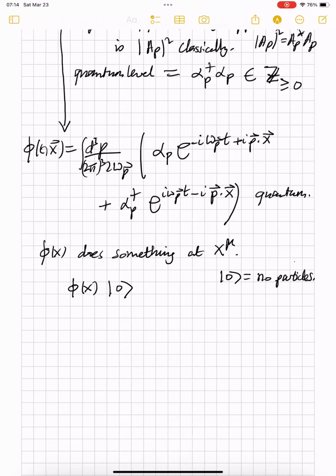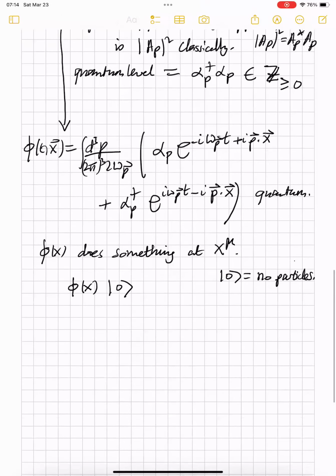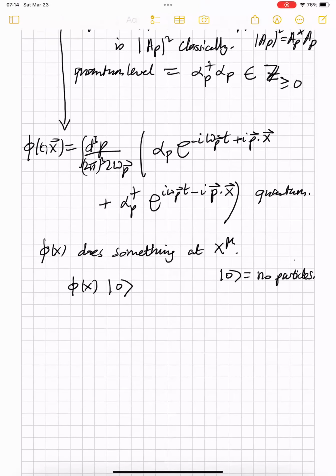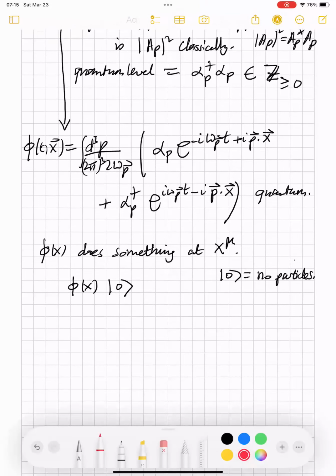When phi of x acts on the vacuum, it can do two things. Firstly, it would be allowed to destroy a particle, with the a p term that annihilates a particle. Or it could create a particle, with the creation operator. So you could create or destroy.